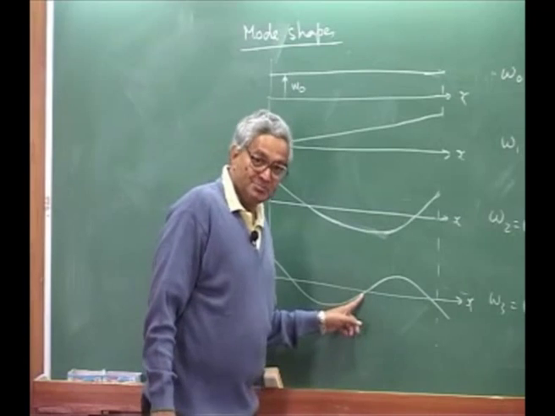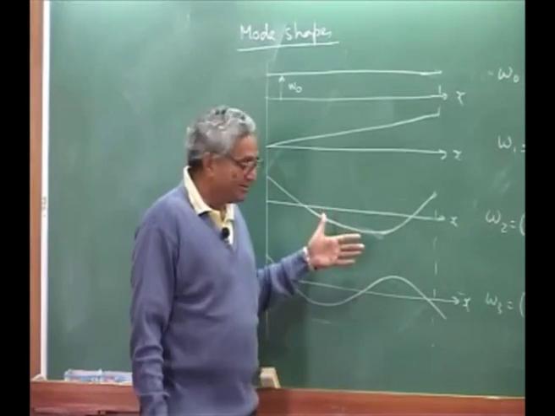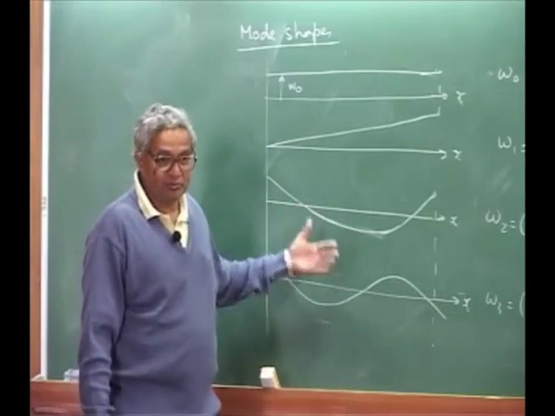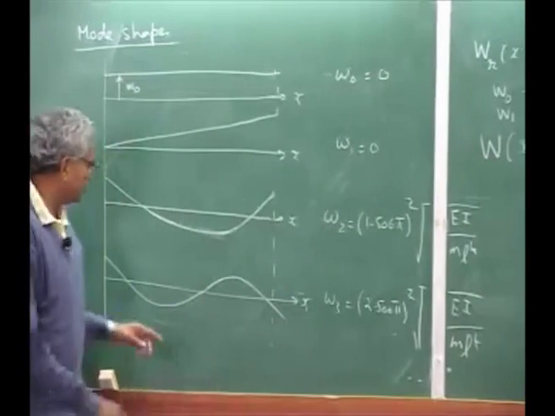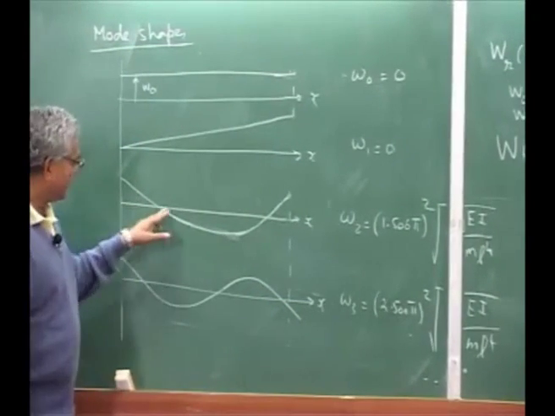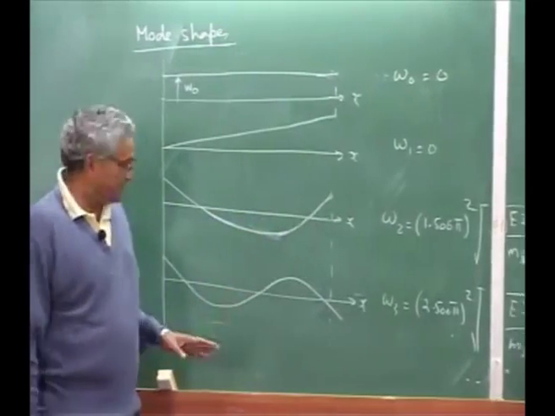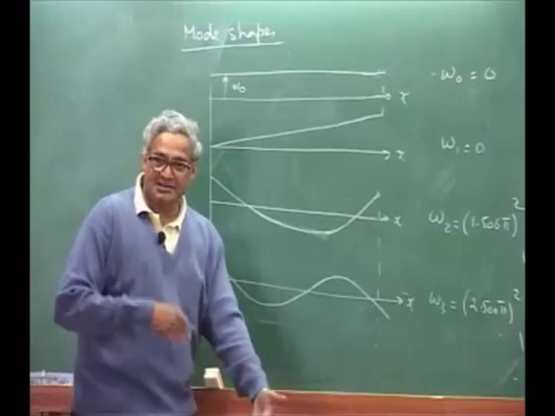This is an anti-symmetric mode. Okay. So you will have symmetric mode, anti-symmetric mode. Several. If you go to the next one, fourth one, you may get symmetric mode. Okay. It may come down, up, and then go up. So like that, you will have symmetric, anti-symmetric modes.